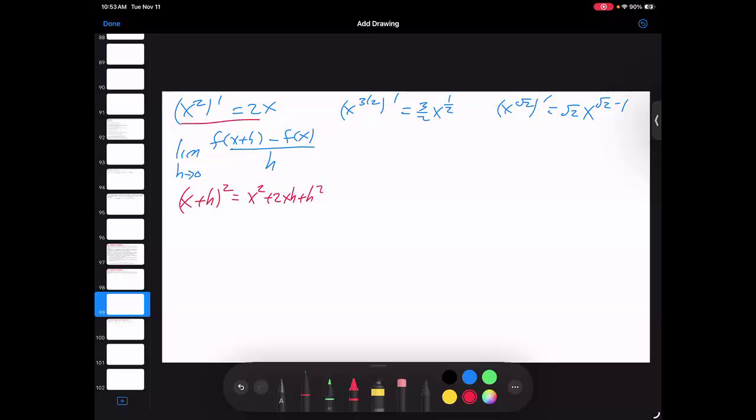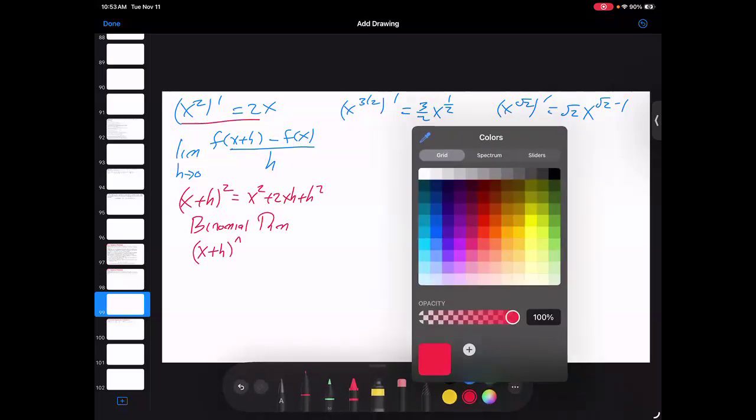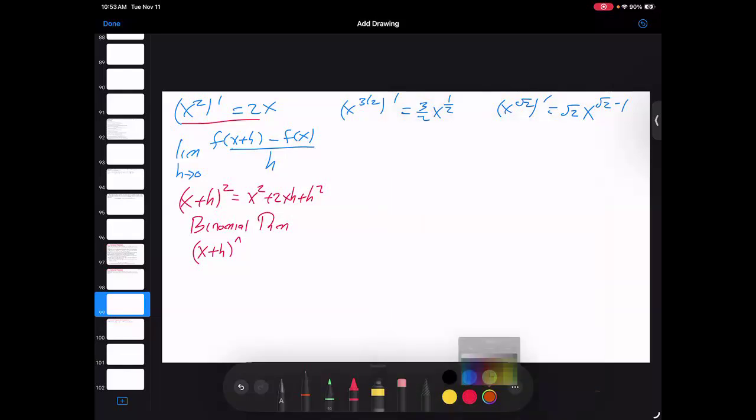Right, but what allows us to do this? I'm sorry? Binomial theorem, excellent. So this is the binomial theorem. I can do x plus h to the n for any n. What about x plus h to the 3/2? We don't have the binomial theorem there.